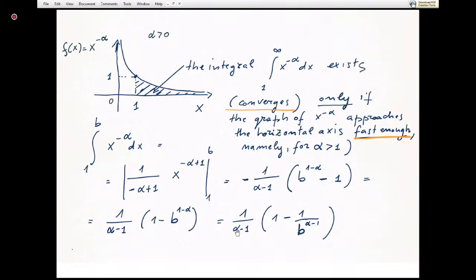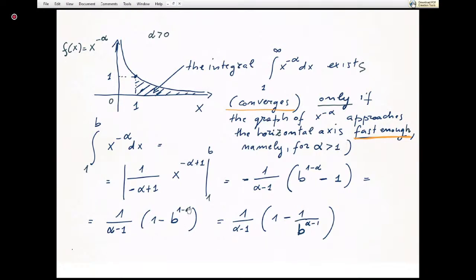If alpha is equal to 1, you cannot use this formula to compute the integral, because it's the case of the log. We see it in a moment. But if alpha is less than 1, what happens here? Now 1 minus alpha is positive, so here you have something that goes to infinity. So you don't have a finite limit for this area as b tends to infinity.